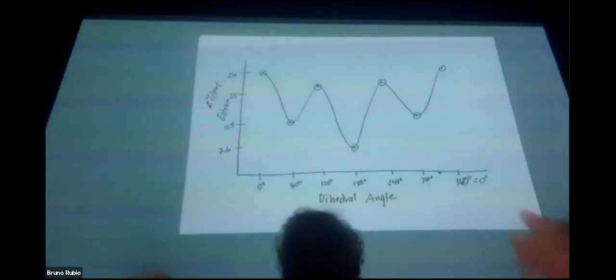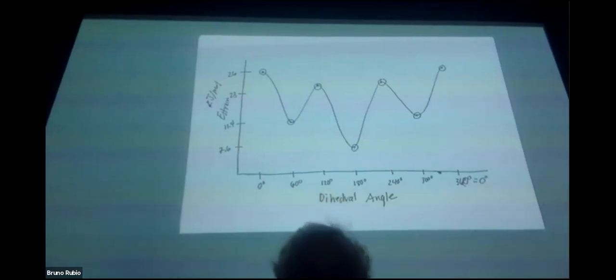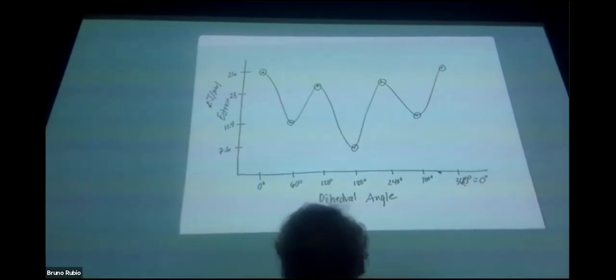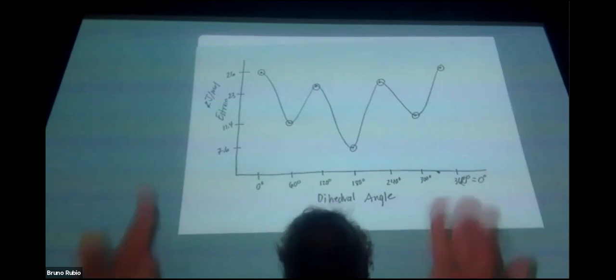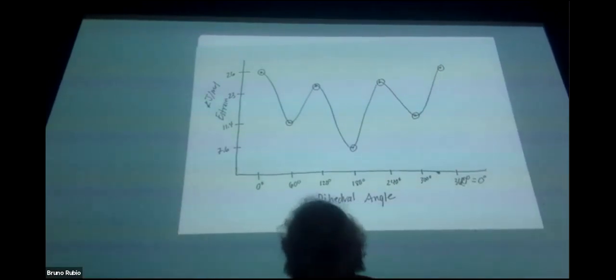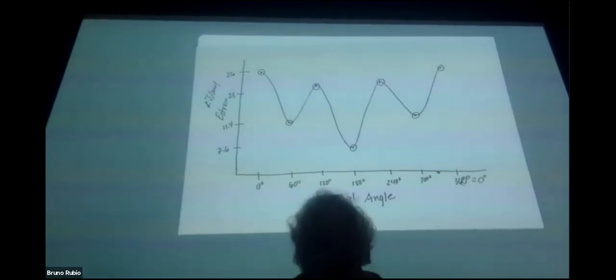So we're not talking about one molecule in splendid isolation in intergalactic space. We're talking about molecules here on planet Earth that are surrounded by many, many other molecules. They're crashing into each other, and that is what is making those bonds rotate.